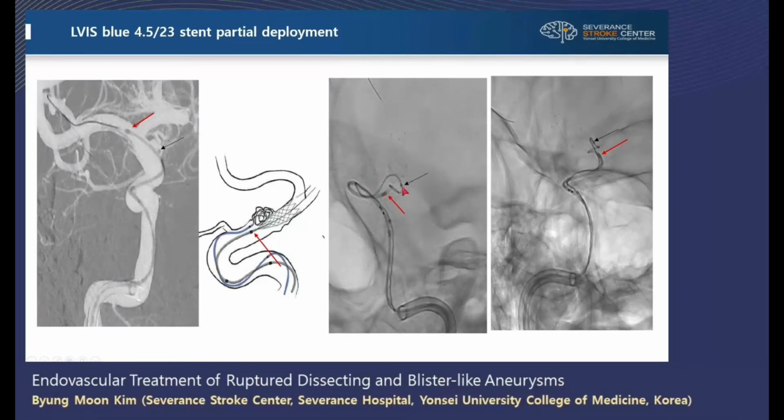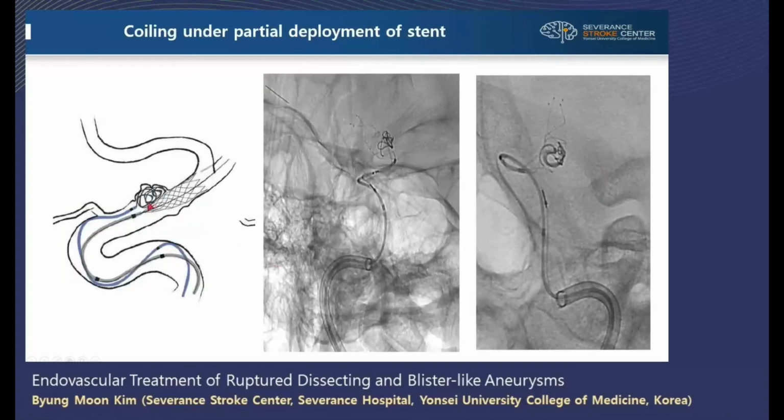This is the jailed microcatheter tip. This is a coil. At this point, I started coiling like this. Coiling started with the partial deployment of the Elvis stent. You can see the stent strut markers crowding because at that time I pushed the stent for axial compression.